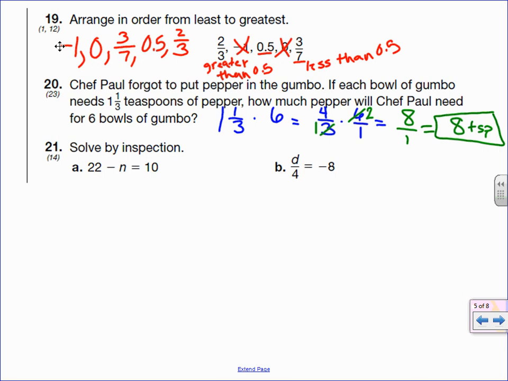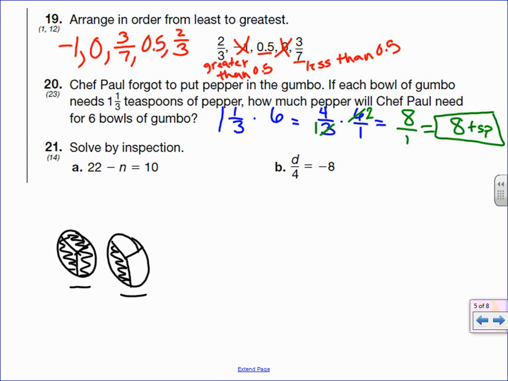If you're a visual person, you could also do it like this. If I need 1 1/3 teaspoons of pepper, each of these represents a teaspoon. So I would say, all right, I have 1 whole and 1/3.